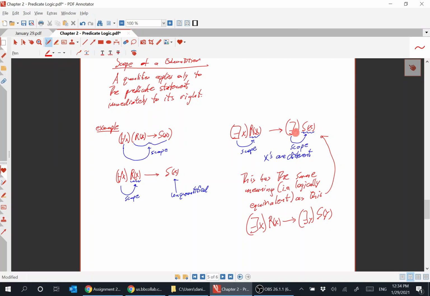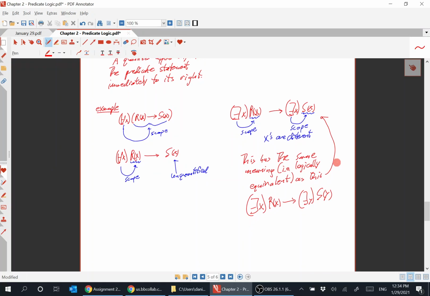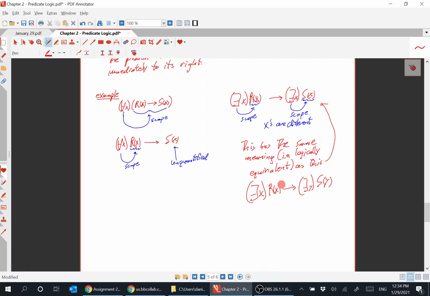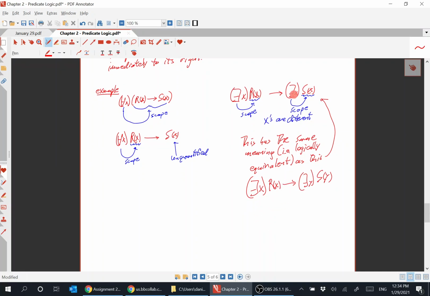This there exists x is quantifying that x. Here, this there exists y is quantifying this y right here. It means the same thing. Sometimes people just keep the same variable to simplify the expression so you don't have a bunch of letters running around where you don't have to. The point is this quantifier scope is here, this quantifier scope is here, so they're two different things. And then this is different than.